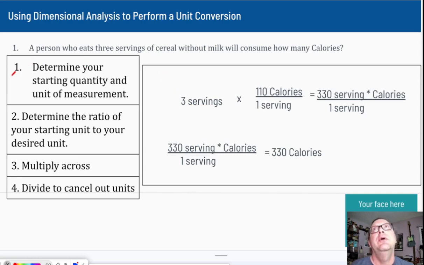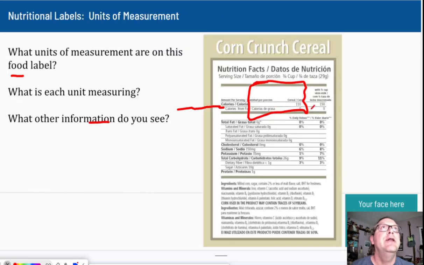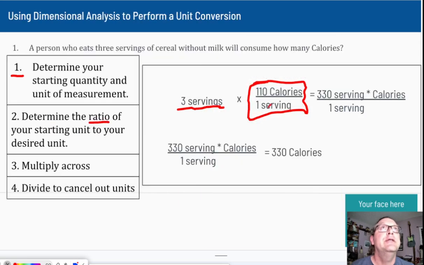So our first step, step number 1, determine your starting quantity and your unit of measurement. So we're starting out with 3 servings. And then I want to determine the ratio of my starting unit to my desired unit. So I have a ratio right here, as shown on my food label, that there are 110 calories per serving.